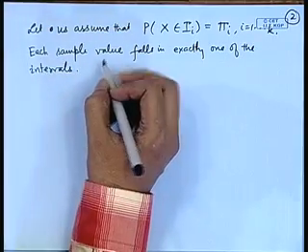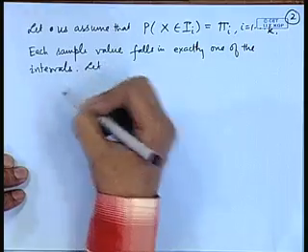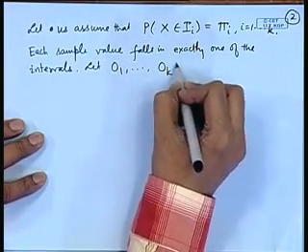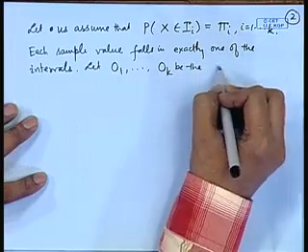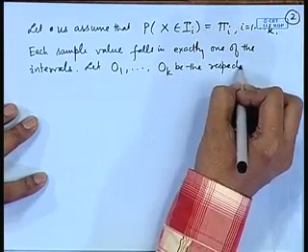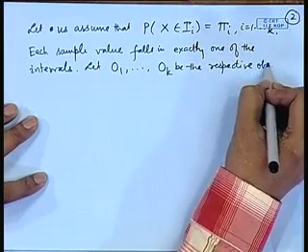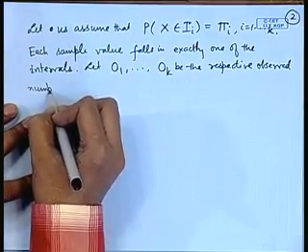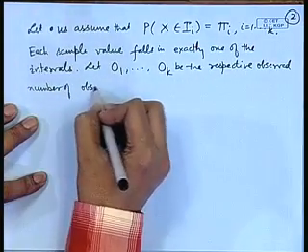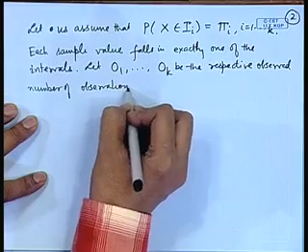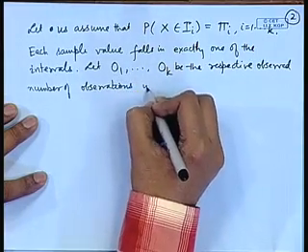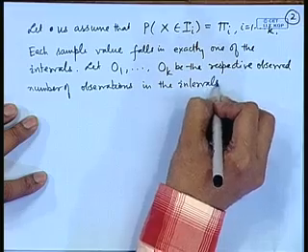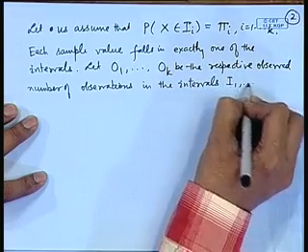So, let us define the observed frequencies. Let O1, O2, ..., Ok be the respective observed number of observations in the intervals I1, I2, ..., Ik.